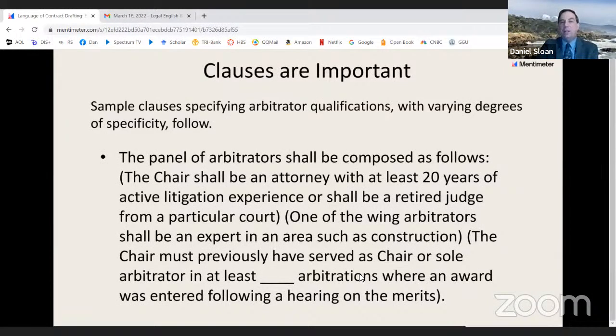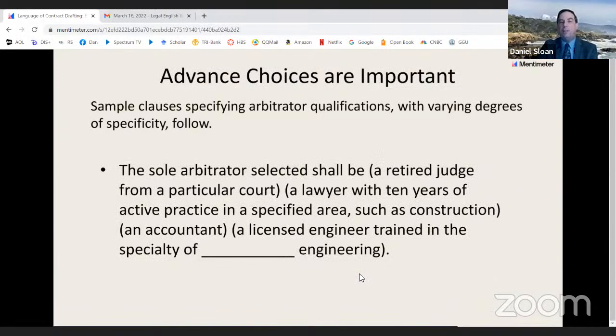You would have in there the kind of people that you would want, and this is all negotiated in the contract initially when you're signing the contract with the clause. If a dispute were to arise and we were to go to arbitration, how would the arbiter or arbiters, the panel, be selected?